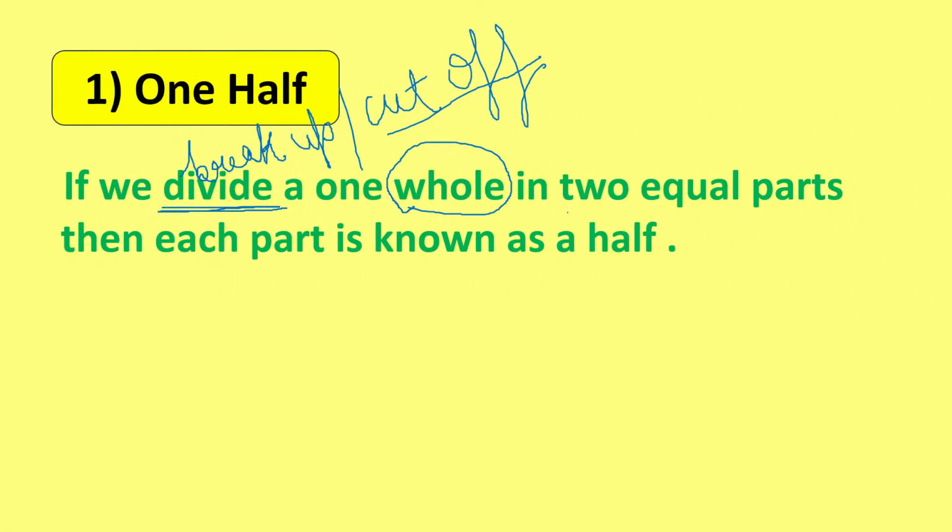So look, it's two equal parts. As you know what a two equal part is, I hope you have a better understanding from the previous word. What is equal? So when we get equal parts, that equal part is known as a half.